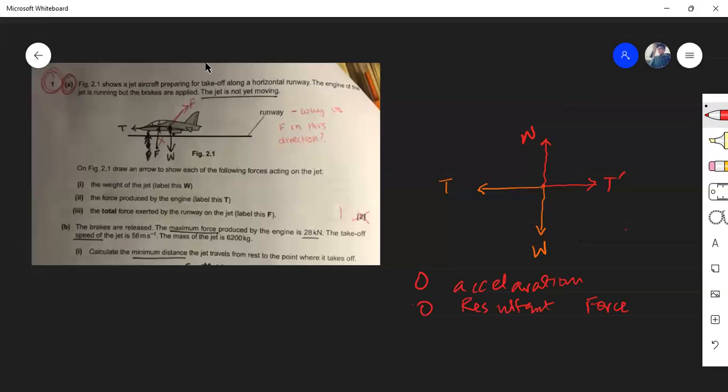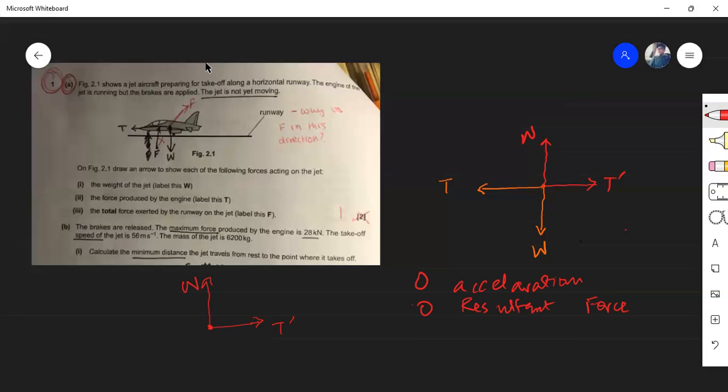So if I draw them separately, this is normal and this is the T prime force. So these two forces are acting from the runway to the plane. But we have to mark these two forces as one force.